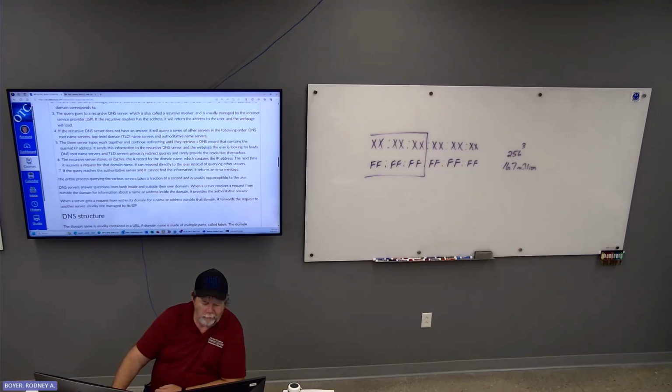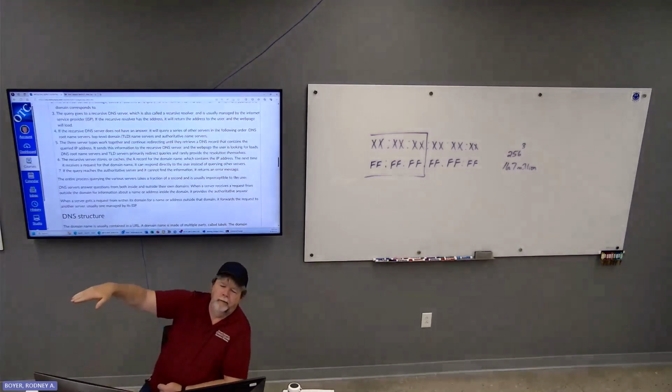DNS root name and top level domain servers primarily redirect queries and rarely provide the resolution themselves. It's more like they never provide the resolution themselves. That's not the way DNS works. Go to the root. Root says, who do you want to talk to? .com. Okay, well, .com is handled by this top level domain.